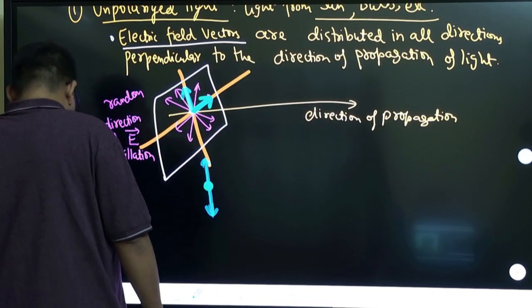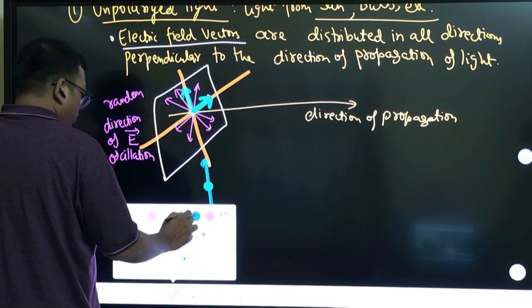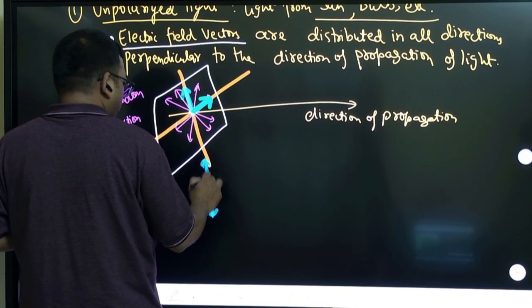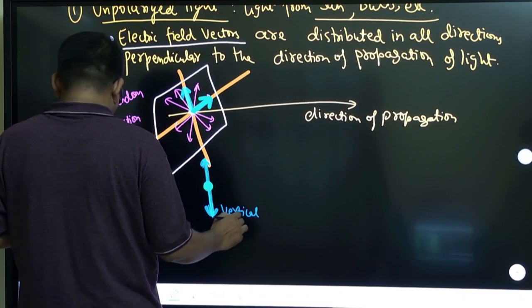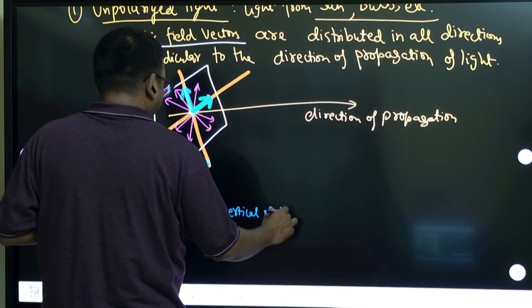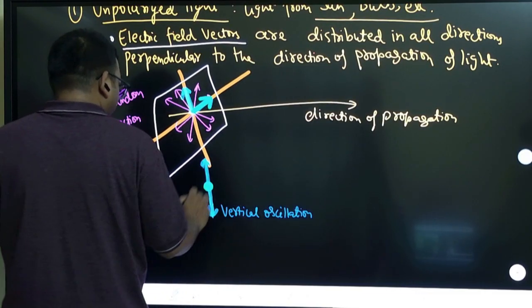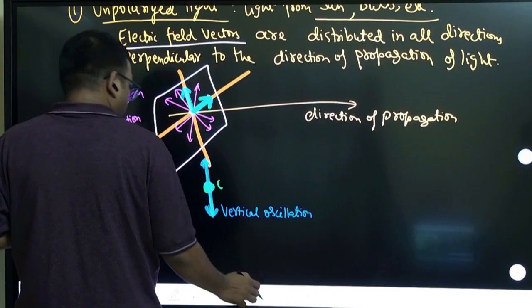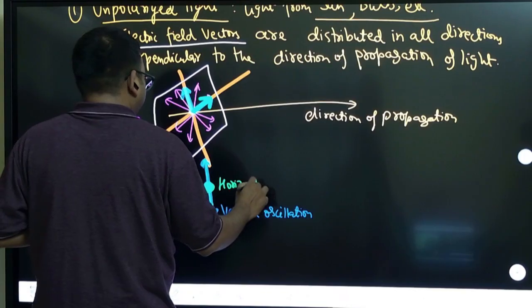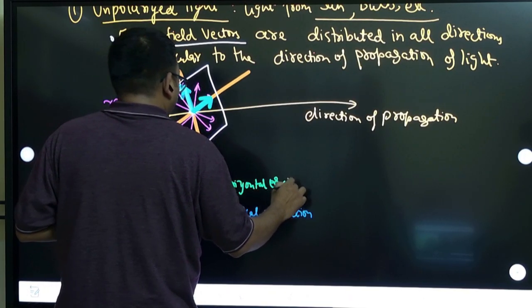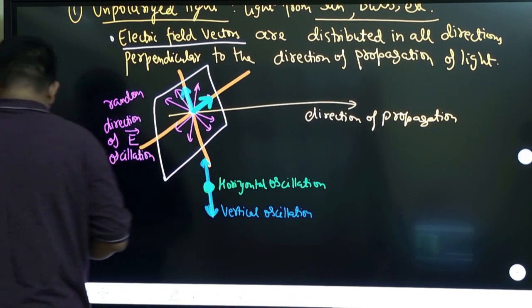This line represents vertical oscillation, and this green dot represents horizontal oscillation. Vertical and horizontal oscillations.